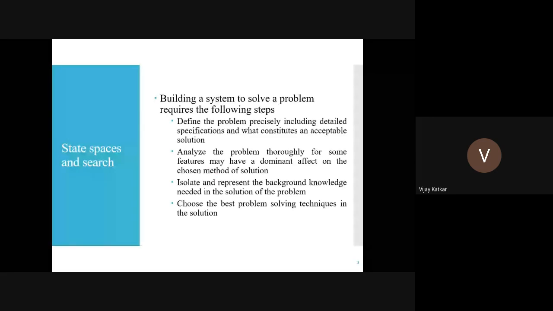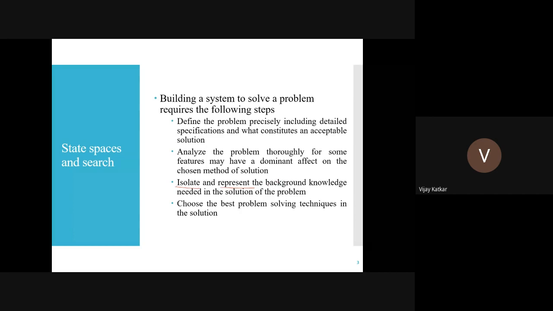You analyze the problem thoroughly. Once you have analyzed it, isolate and represent the background knowledge needed for the solution. Take the background knowledge and represent it in the form of rules, trees, or knowledge relations, whatever you want. You isolate and represent that knowledge.